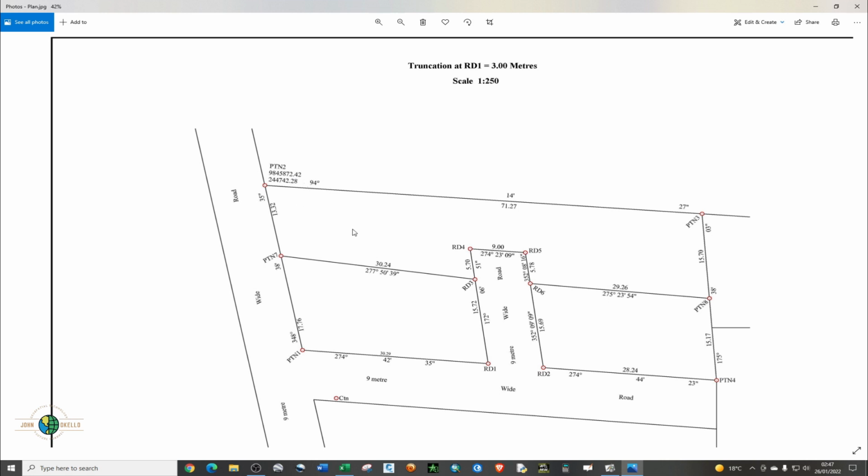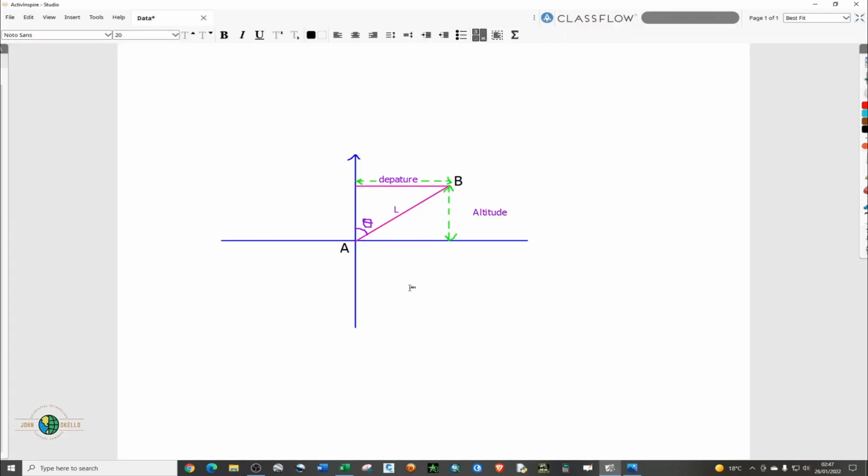So basically, what you're going to do is use a simple technique. You're just going to calculate the change in easting and then the change in northing, where the change in easting is departure and the change in northing is altitude.